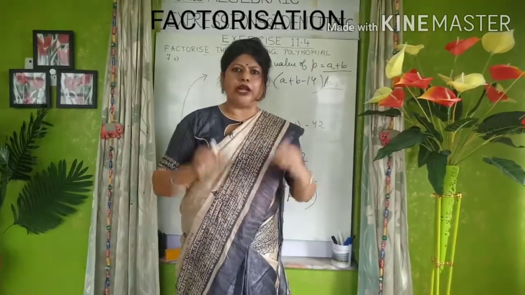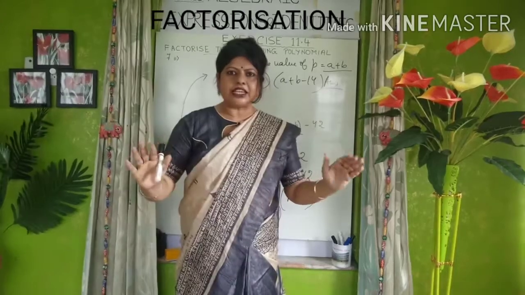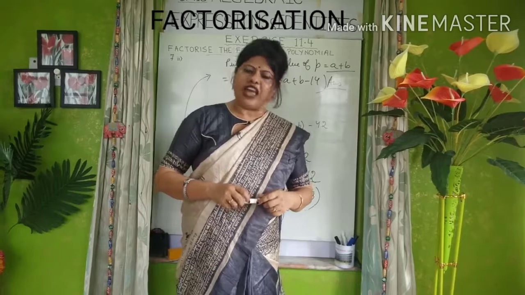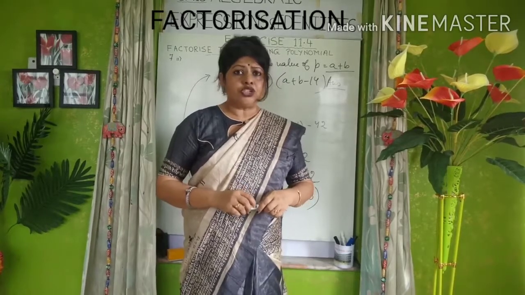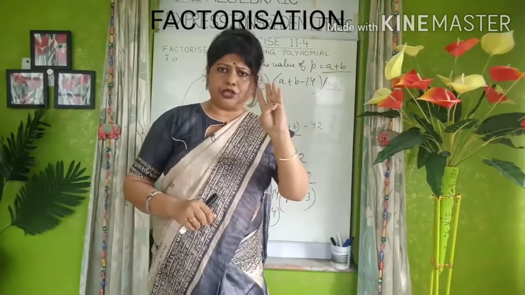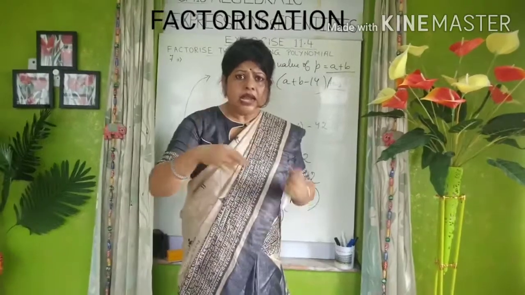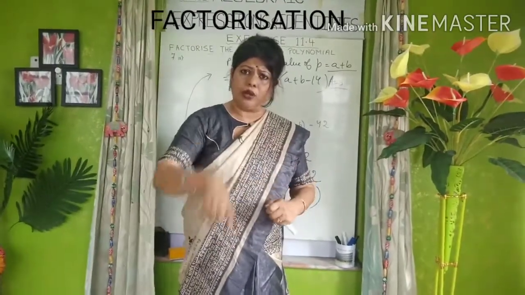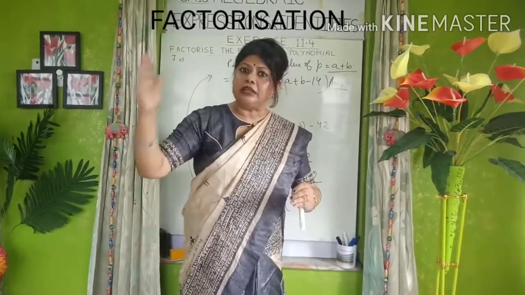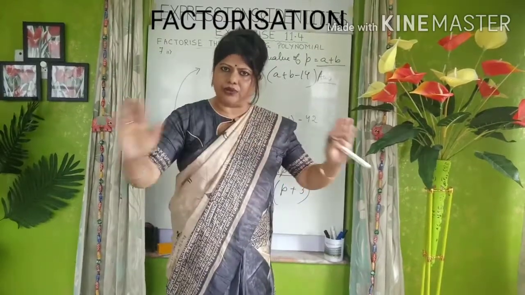Let us recapitulate once more this entire factorization, because factorization is over. In the upcoming session, I shall take up division of algebraic expressions only. So children, 4 types of algebraic expressions we have factorized by 4 different methods. What was the first method? In the first method, each and every term had a common factor which we chalked out and we solved.